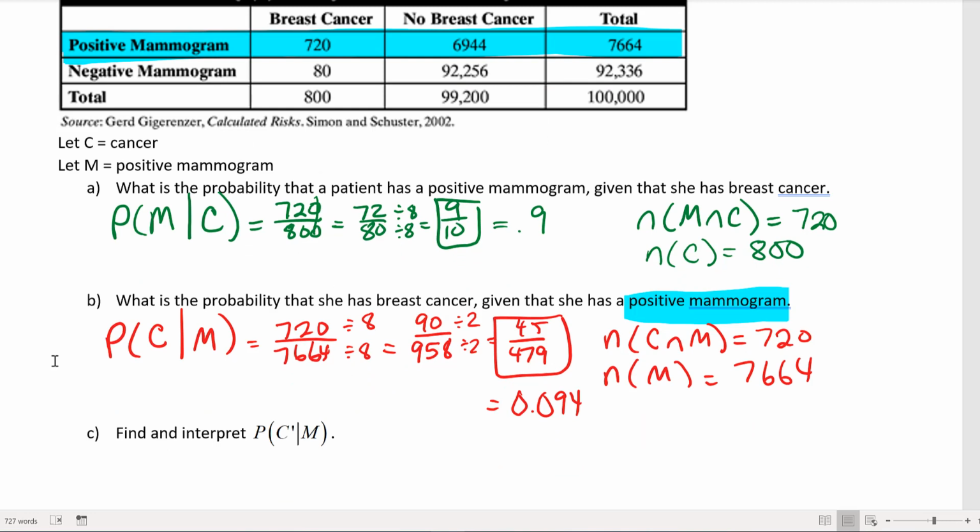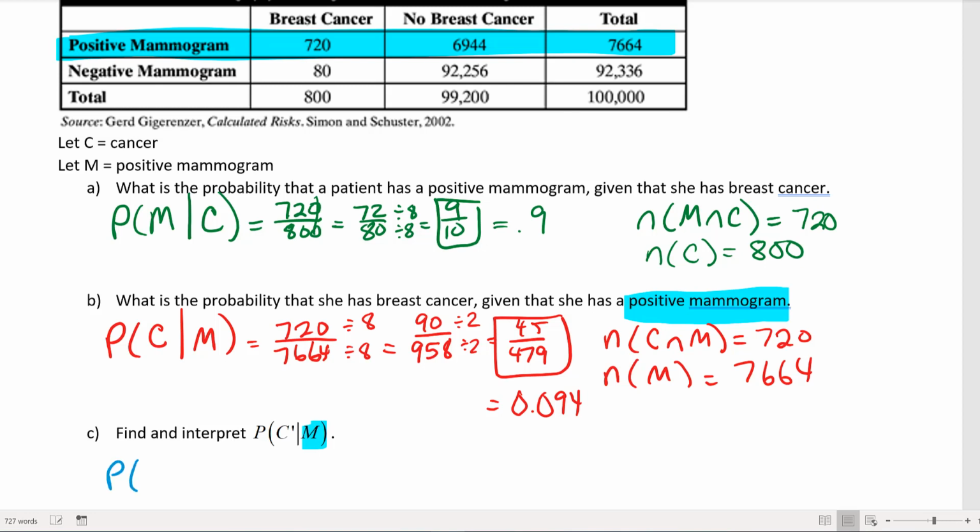Part C says to find and interpret the probability of C complement given M. So what does that mean? Well, what's the probability that she does not have cancer given that she has a positive mammogram? Given that we have a positive mammogram, we're still talking about that same M positive mammogram column.